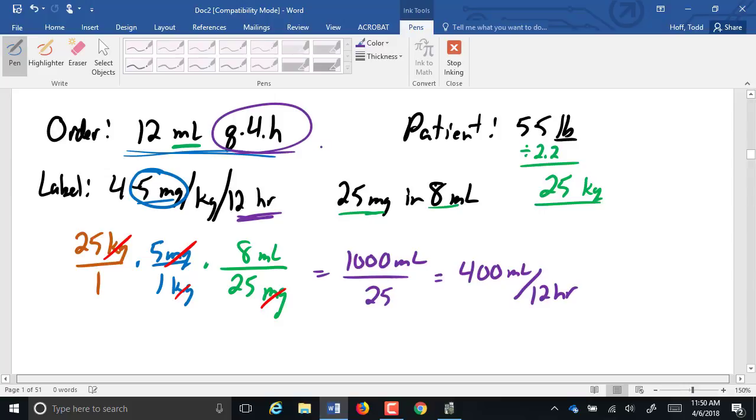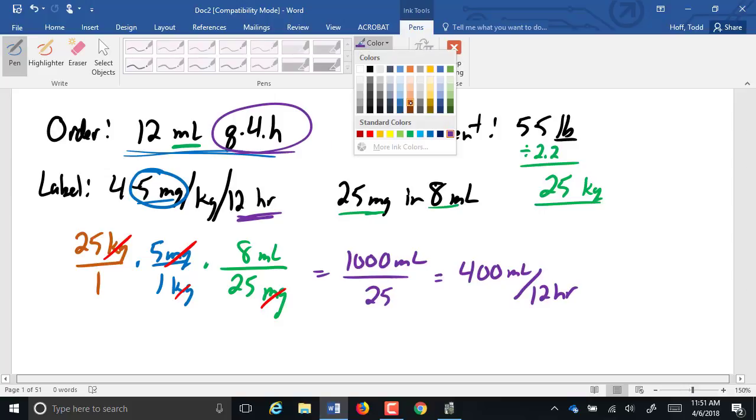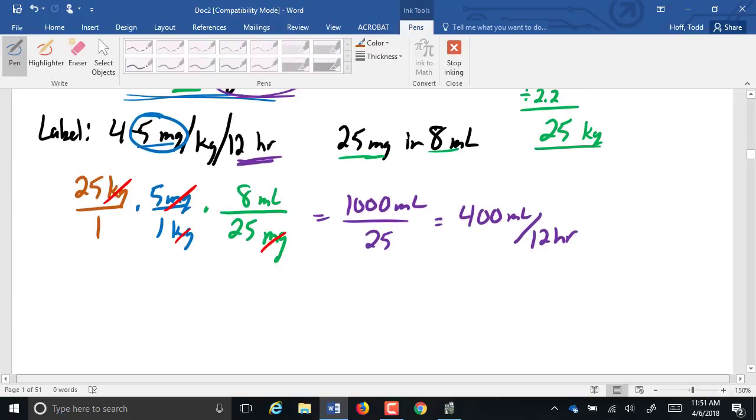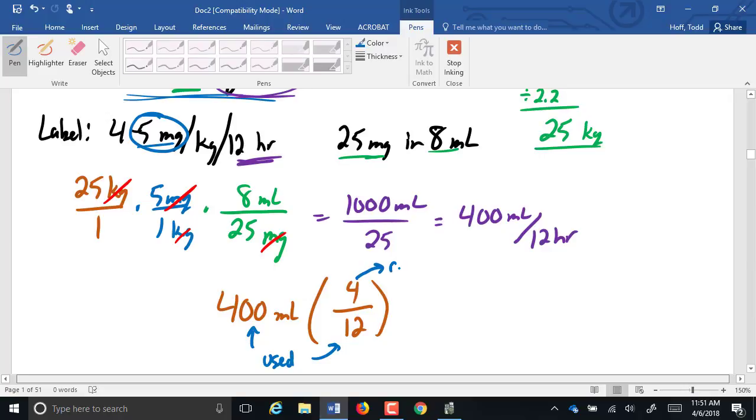This is ordered every 4 hours. We are going to a shorter period of time, so that's generally safe. So we're going to take that 400 milliliters. It's currently over 12 hours. We're converting it to over 4 hours. Remember, the bottom number is what we've used for this calculation. The top number is what we are going to change to.